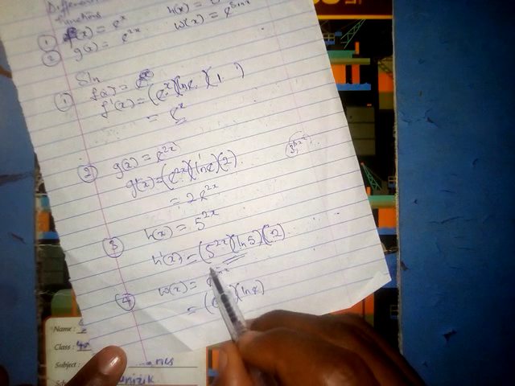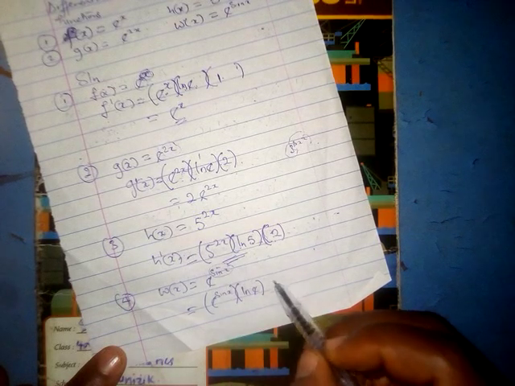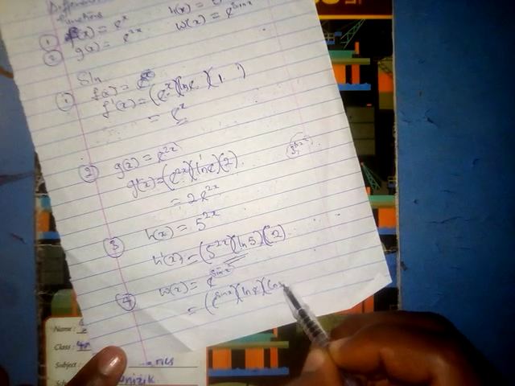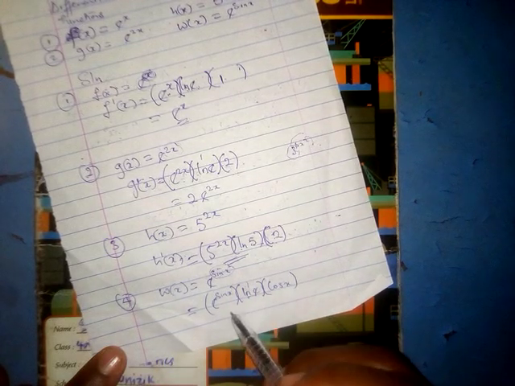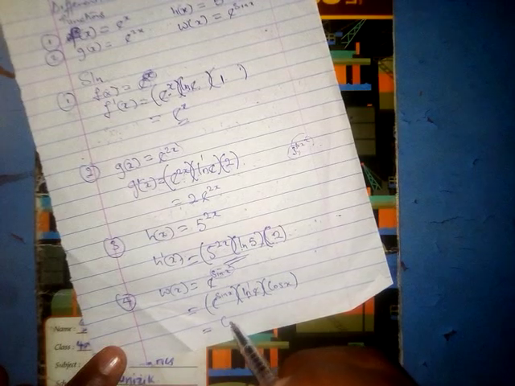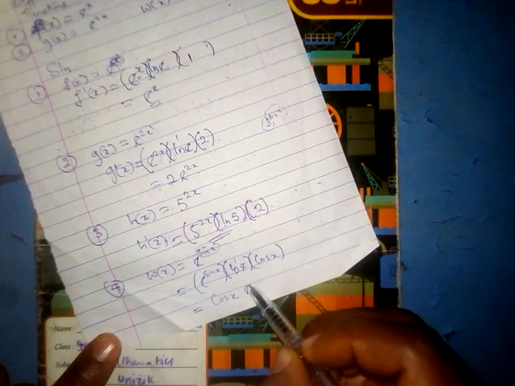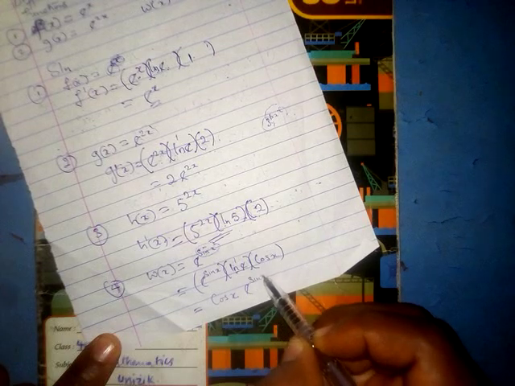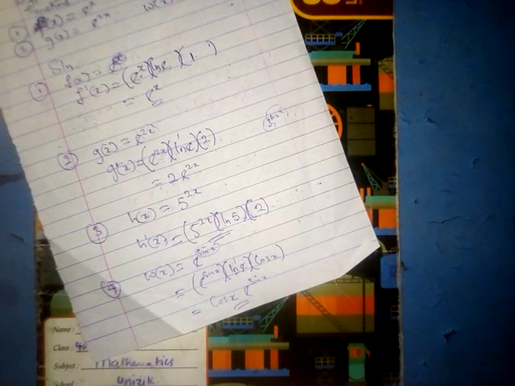The power here is sine x. Recall, if you differentiate sine x, you have cos x. So we write cos x. We know that ln e is already 1, so this is equal to cos x times e to the sine x. That's your answer, and that's how you solve these problems.